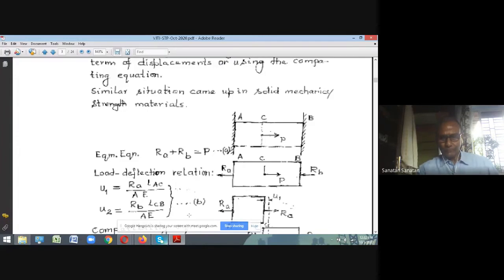If you try to show the free body diagram, you have the body AB, and the reaction coming from the left wall is RA, and the wall at B gives the reaction RB, and you have the external load P. So if you consider equilibrium, RA and RB are the two reactions in equilibrium with the external load P, and you simply write the equilibrium equation: RA plus RB equal to P. So you have one equation but two unknowns, RA and RB.